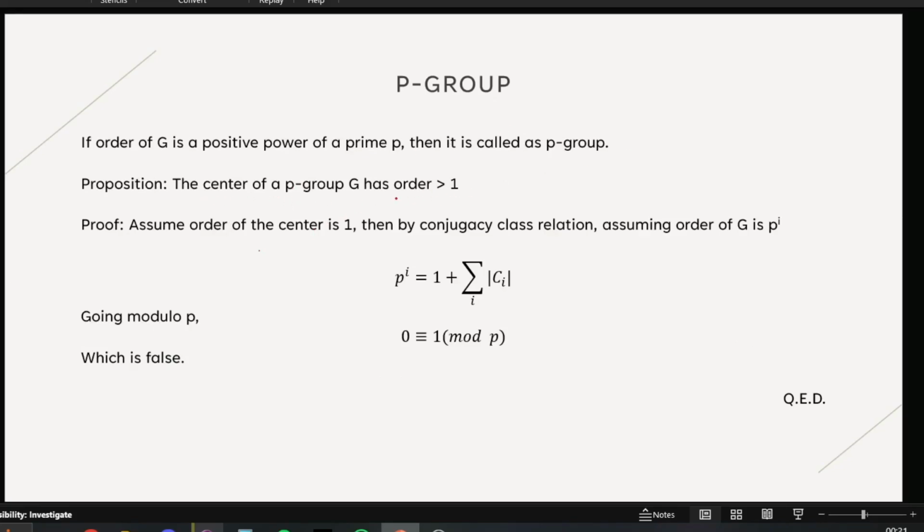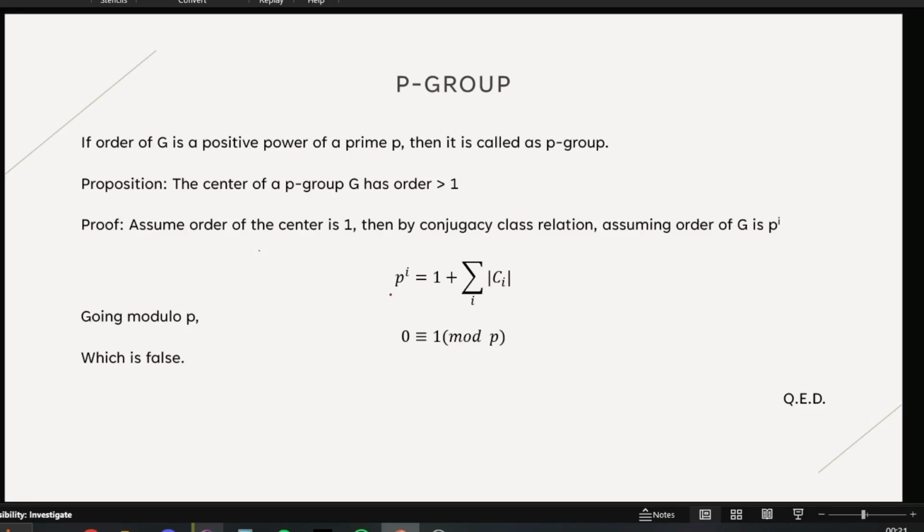First is that the center of a P group G has order greater than 1. Suppose the order of the center is equal to 1. G is of order P power i. So we take the class equation.